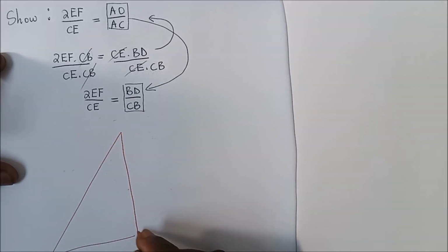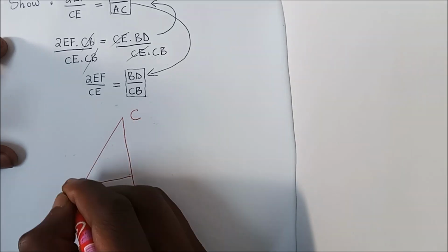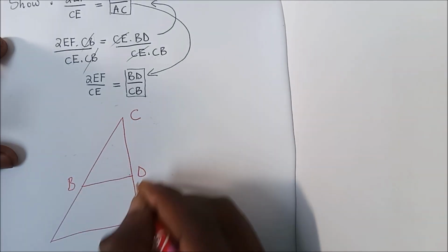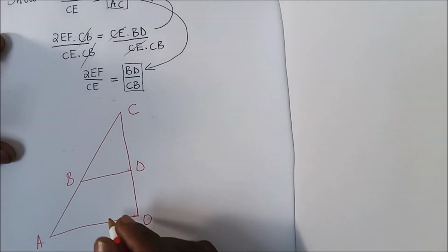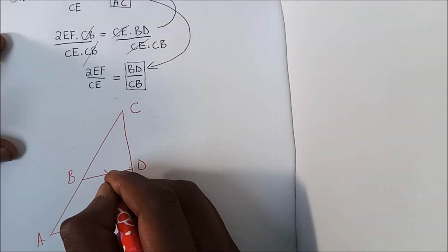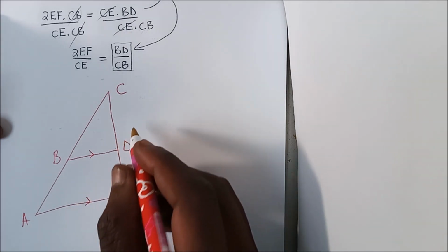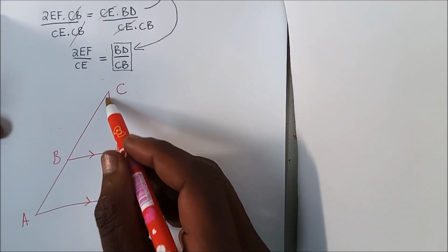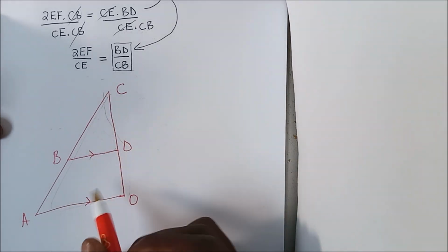So we have something that's like this. That is your C, that's your B, that's D, and that's A, that's O. I want you to see something. Here, what can you say about the small triangle and the big triangle?